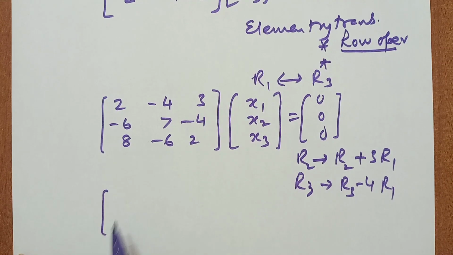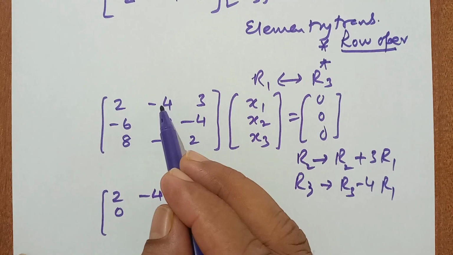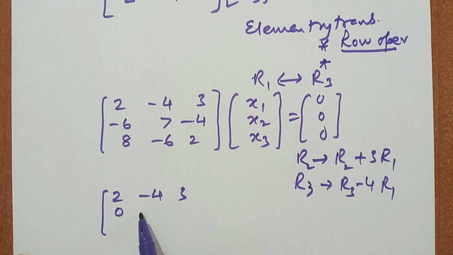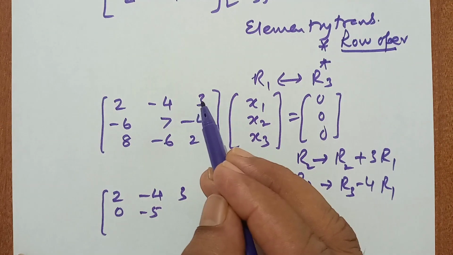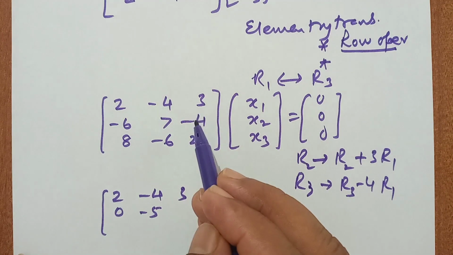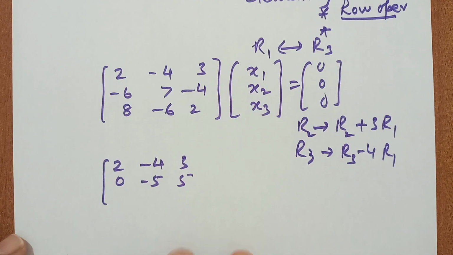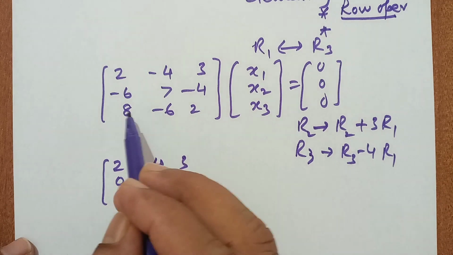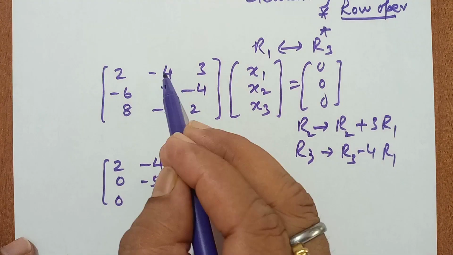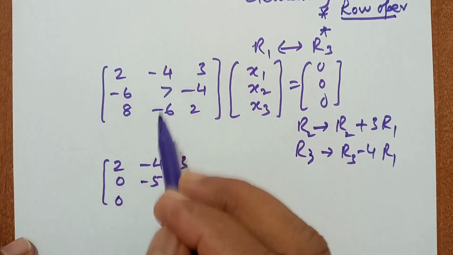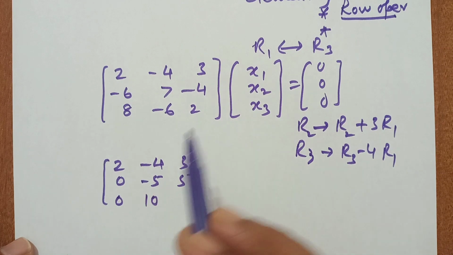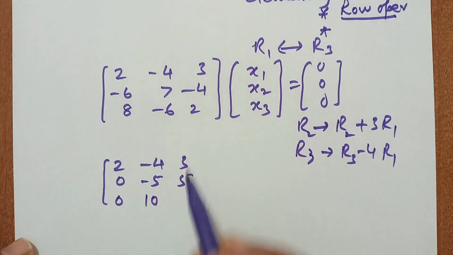Here 2 minus 4 3; 3 times gives 6, minus 12; 7 minus 12 is minus 5; 9 minus 4 is 5. Next, R3 minus 4 R1: 8 minus 8 is 0, minus 6 plus 16 is 10, 2 minus 12 is minus 10.